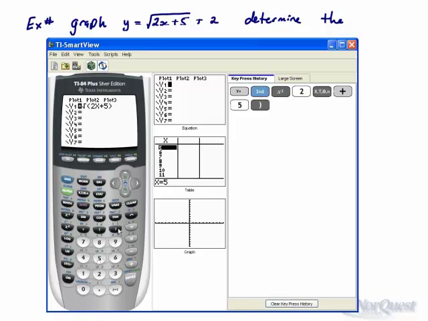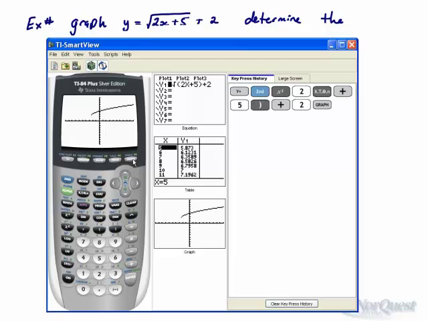So that whole expression we take the square root of, and then add 2 on the function. Now what we'll do is we'll have a look at this in our standard window. If we need to adjust it, we'll use our picture to adjust our window settings. So hit your graph key. This actually is a fairly decent size graph, so we don't even really need to adjust our window settings.